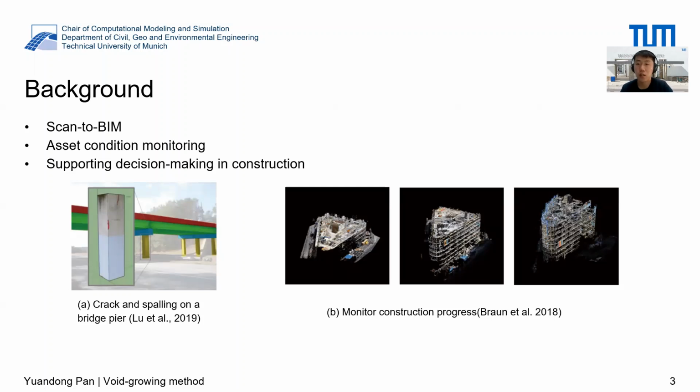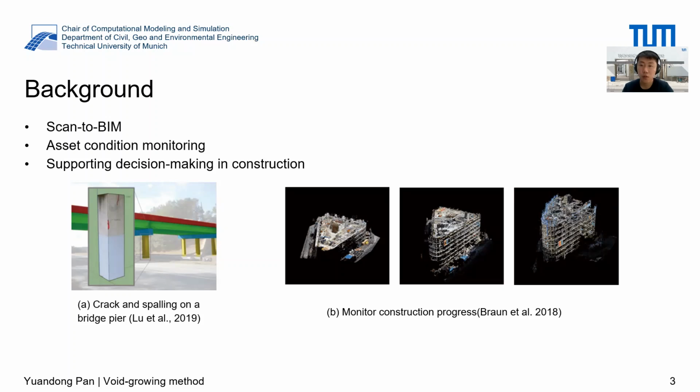In general, the Scan-to-BIM is used to update the current status of facilities, such as buildings, bridges, industrial facilities, tunnels, etc. A regularly updated model is quite useful in many aspects. For example, in asset condition monitoring, like in image A, it can be used to detect crack and spalling in bridges.